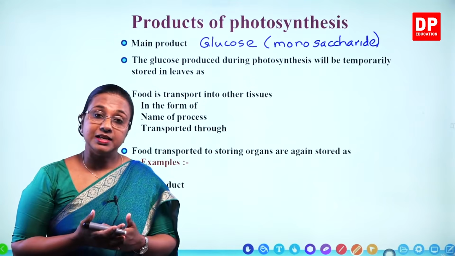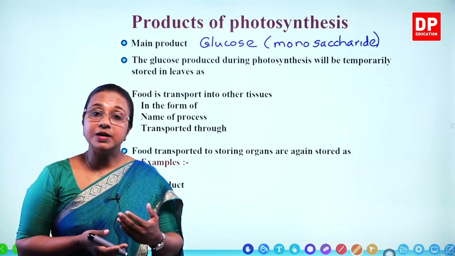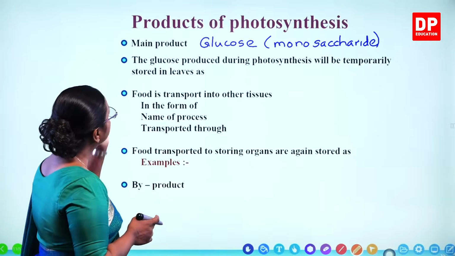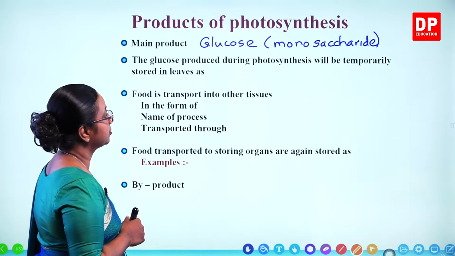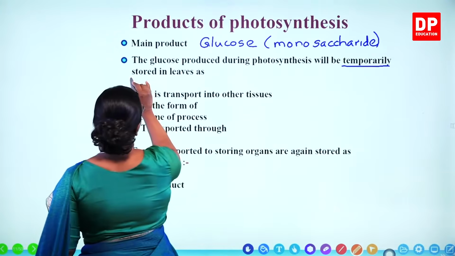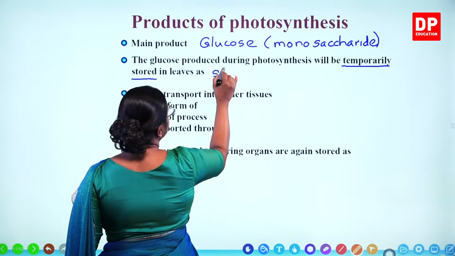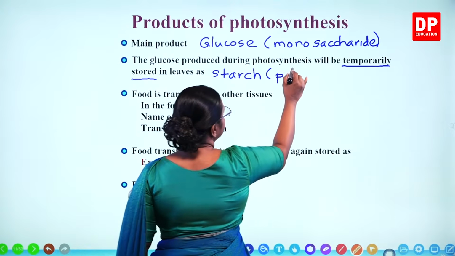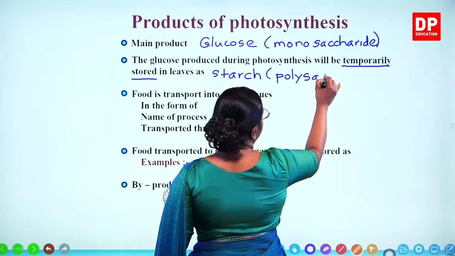So temporarily, glucose will be converted to starch and stored in the leaves. The glucose produced during photosynthesis will be temporarily stored in leaves as starch. And starch, you know, is a polysaccharide.